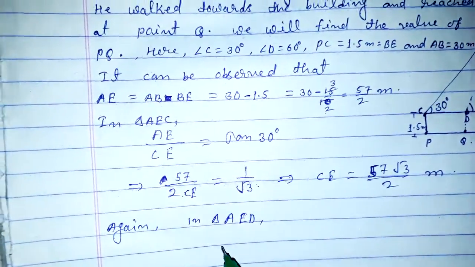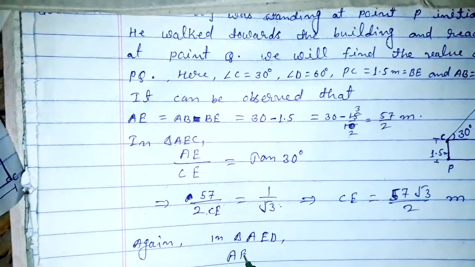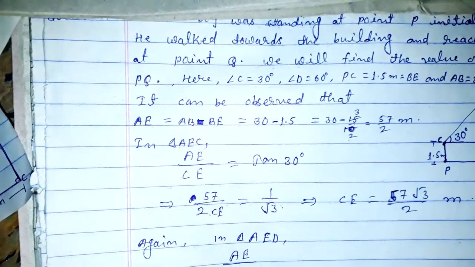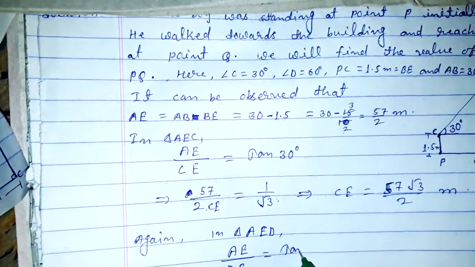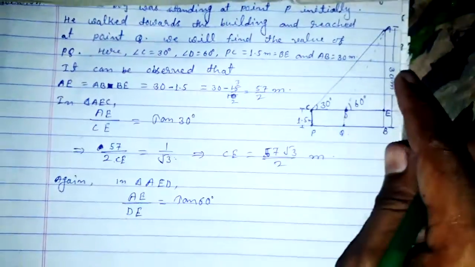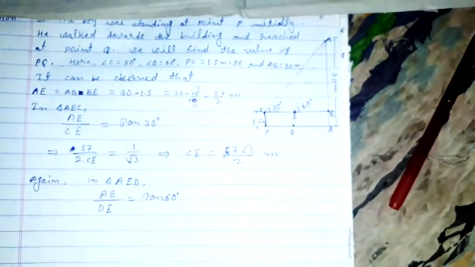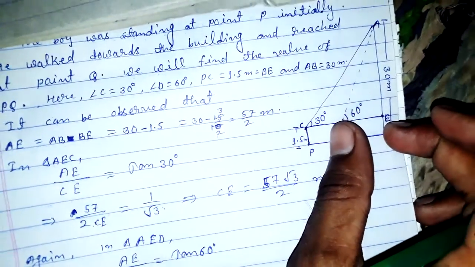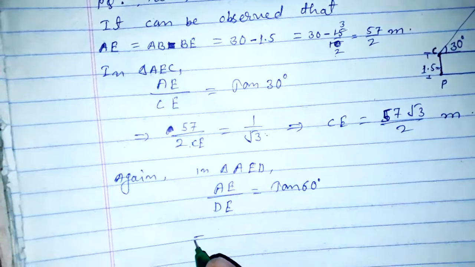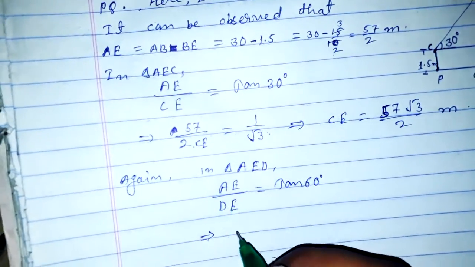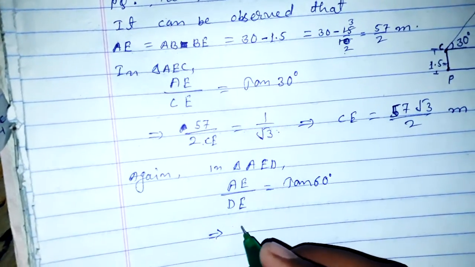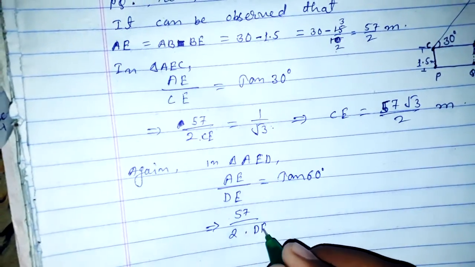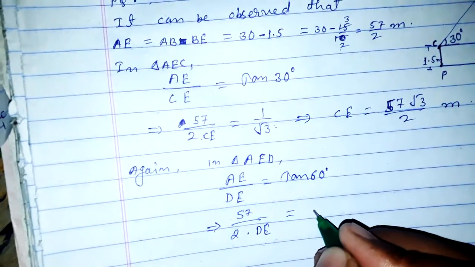So here AE upon DE, this ratio is also tan 60 degrees. This is the opposite side to angle 60 degrees, and this is the adjacent side to angle 60 degrees. So this is tan 60. This implies that the value of AE is 57 upon 2, into this is DE, same, is equal to tan 60, which is root 3.